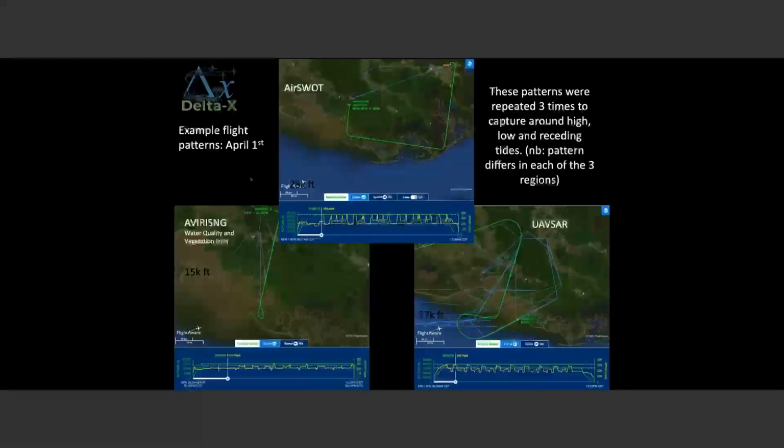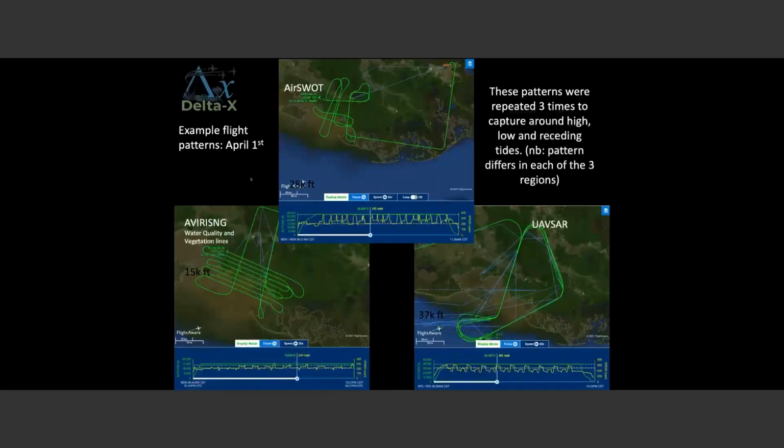This is a set of movies from the 3 different aircraft flying simultaneously over the Terrebonne Basin. That's just one of the days, on April 1st. At the top, you have AirSWOT, which looks at changes of water surface elevation and slope as the tide came. I don't remember if that's in or out of the system. And then we have AVIRIS-NG, which has a different pattern, and UAVSAR, which is here, which just flies its 2 boxes.